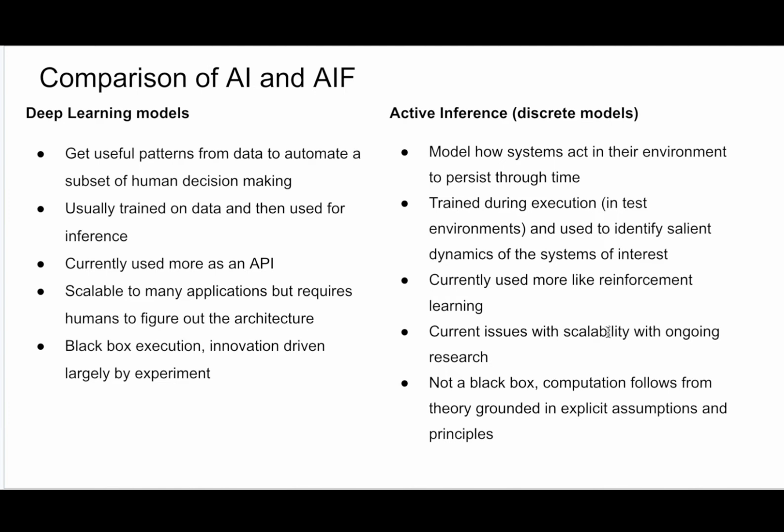So both beliefs and, as a result, uncertainty about those beliefs is explicitly encoded in active inference models. But that doesn't mean that active inference models cannot, in the future, be also developed with a black box architecture. But at least the current state of active inference literature mostly focuses on models which are not.